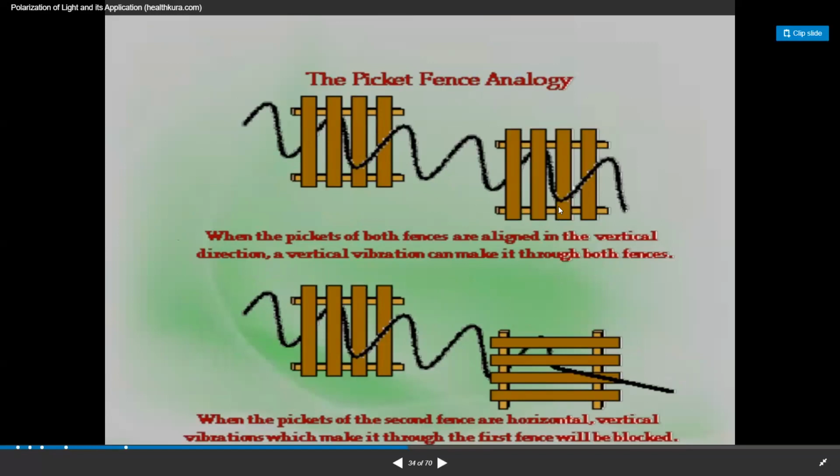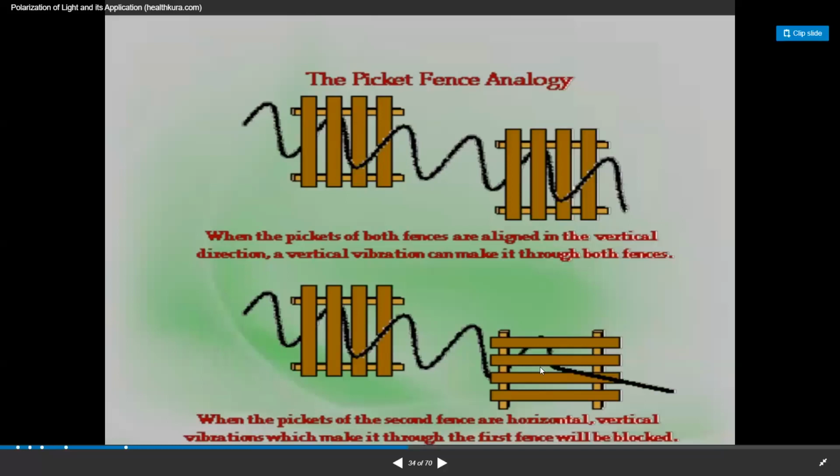It is another polarizer, which is also in vertical shape. When these two polarizers, these two crystals, are arranged in a parallel manner, then the vertical light is emitted through it.